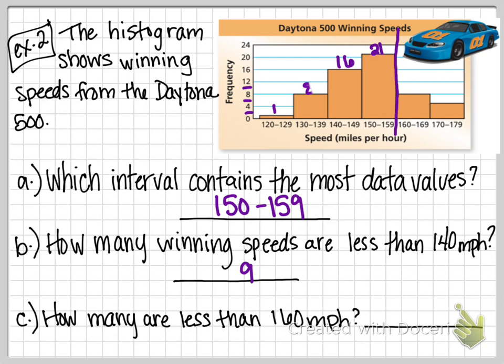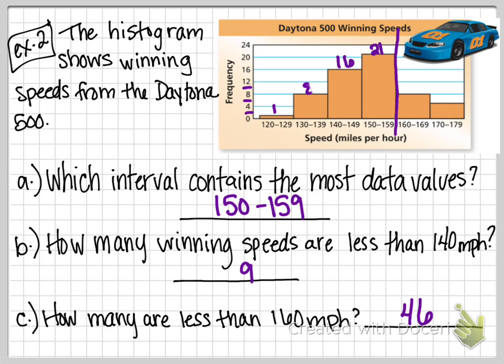I think it's going to be more than that, right? 1 plus 8 plus 16 plus 21. 46. You've got to add all of the columns up that are less than 160, which would give us 46, I think. Yes.